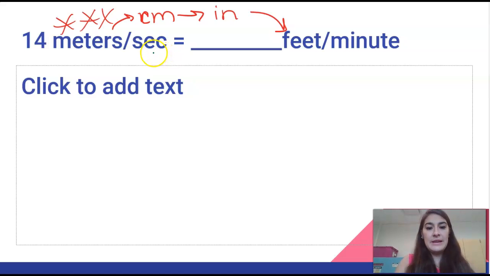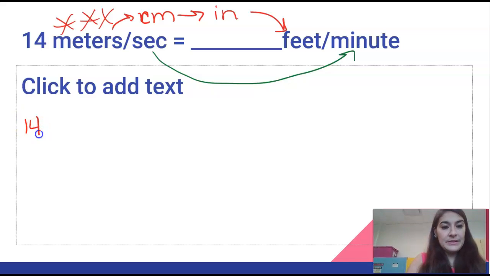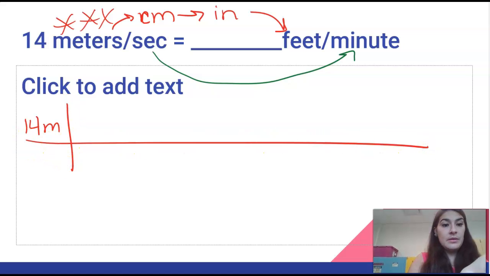I know that I need to go from seconds to minutes. Well, fortunately, whoop, I can do that in one step. Fantastic. So here we go. 14 meters on top. And I'm going to put seconds on the bottom. Let's keep going with our distance first.